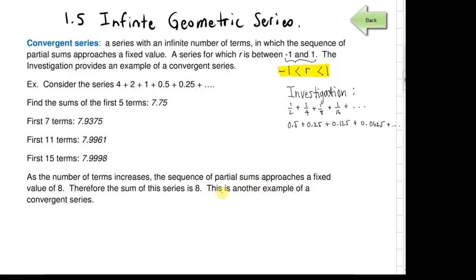This is another example of a convergent series, because the first one that you looked at was your investigation. Let's take a look at this one here. The sum of the first 4 terms I worked out to be 0.9375, and then the first 5 terms I worked out to be 0.96875.